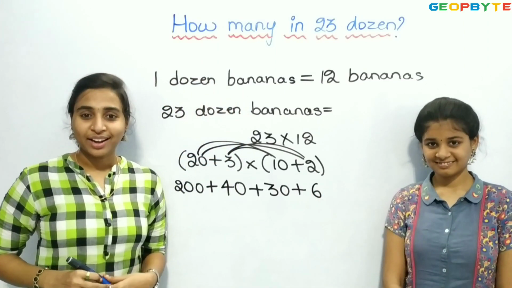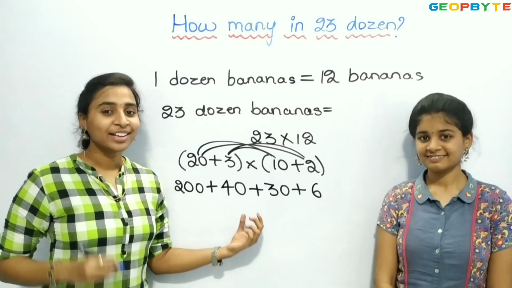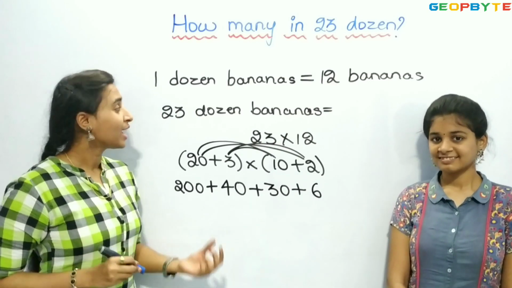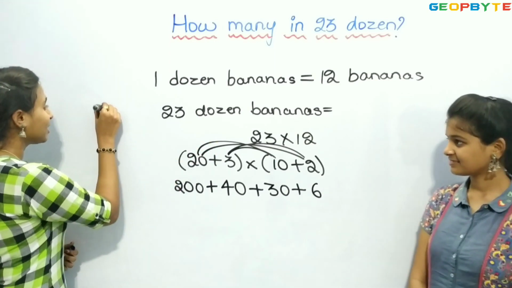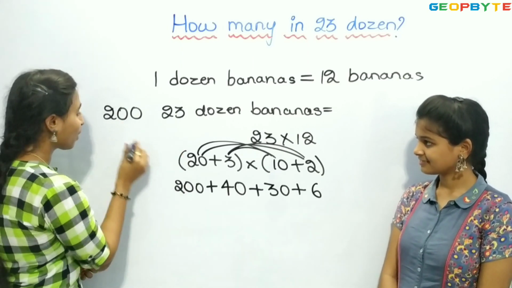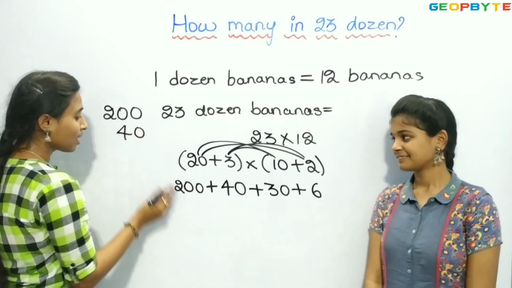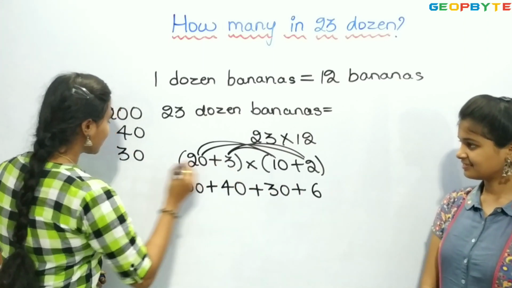So children, now if we add all these numbers, we get the total number of bananas in 23 dozen bananas. So let us write 200 plus 40 plus 30 plus 6.